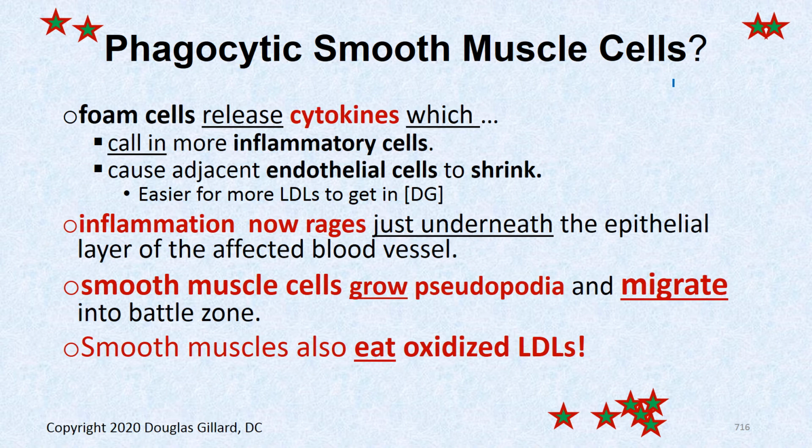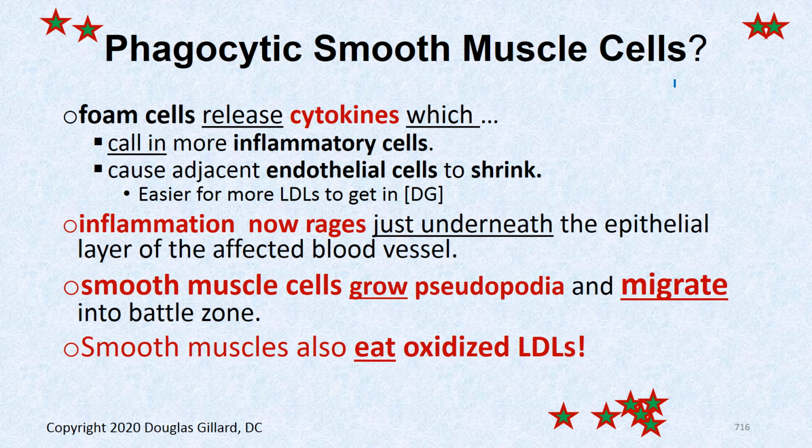So another really weird thing happens with these smooth muscle cells. We think of smooth muscle cells as just contracting and causing vasoconstriction, vasodilation, but something really weird happens. So the foam cells release certain cytokines. They call in more troops. The cytokines also make the cells shrink.